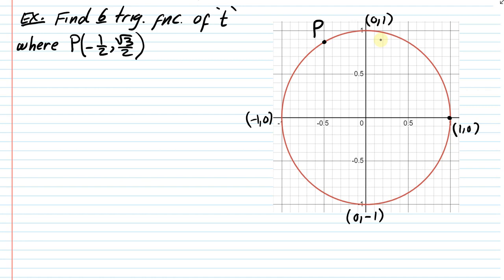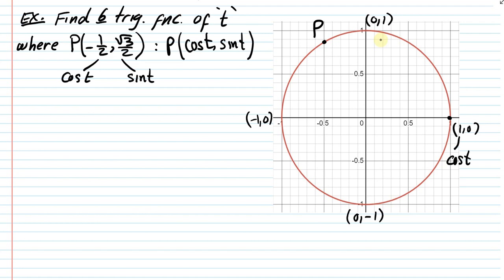Now remember the coordinates, the first number is going to be cosine of t and the second number is going to be sine t. So as an ordered pair, if it's on a unit circle, we can label these as cosine t, sine t. All the coordinates likewise.